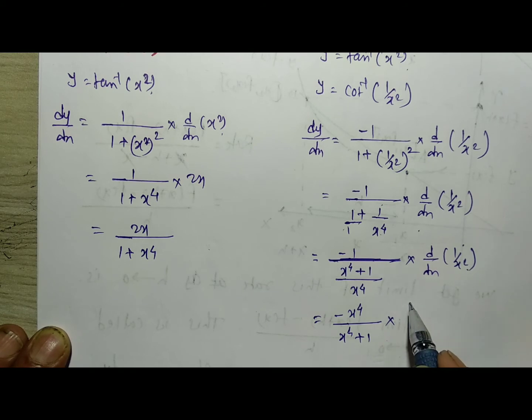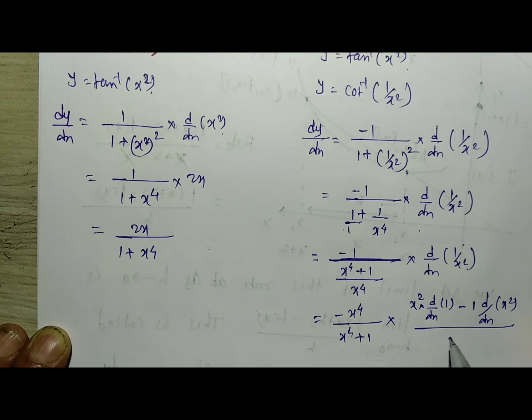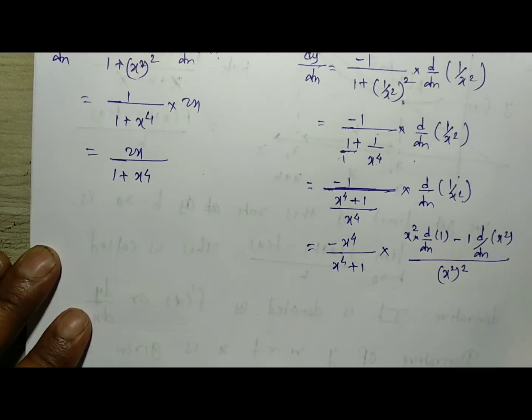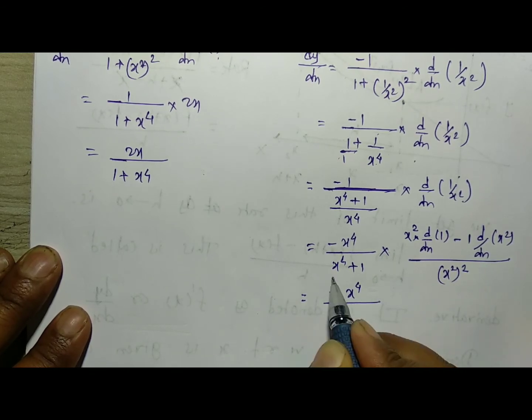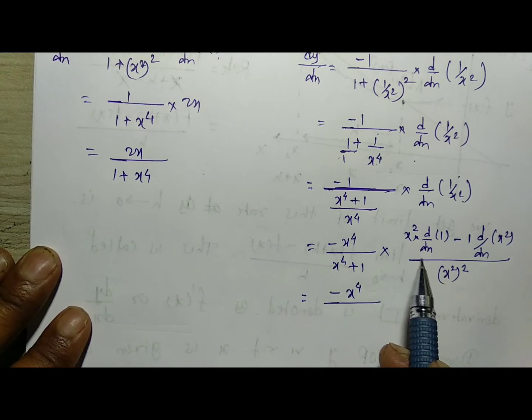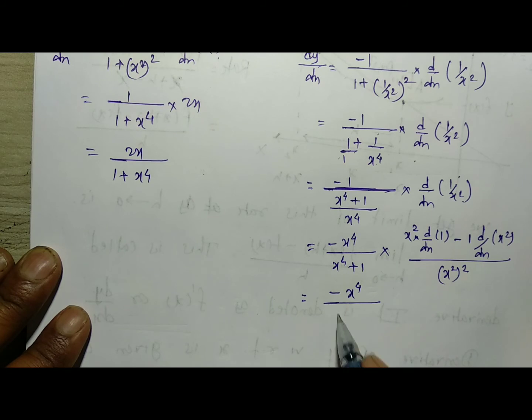First we use the denominator as it is and take the derivative of the numerator, that means 1, minus the numerator as it is and take the derivative of the denominator, that is x square, divided by the square of the denominator, x square raised to 2, and therefore you will get minus x raised to 4 divided by 1 plus x raised to 4.